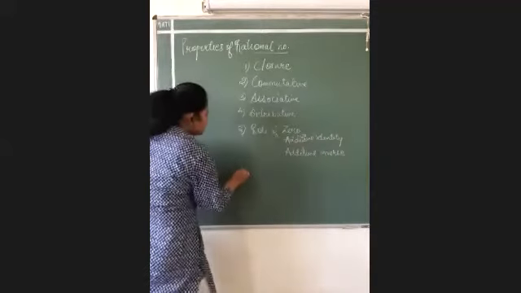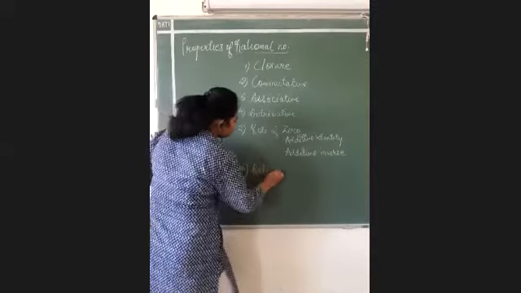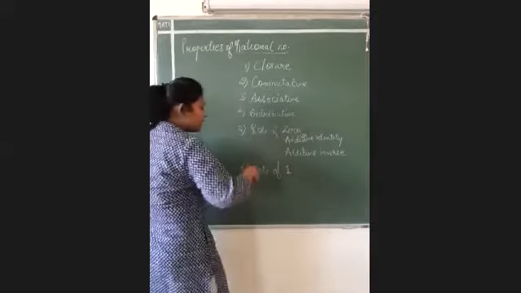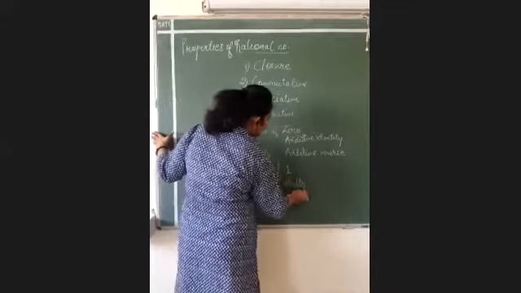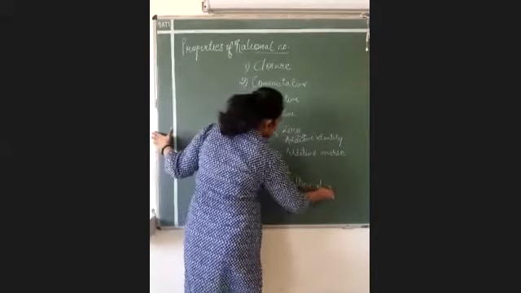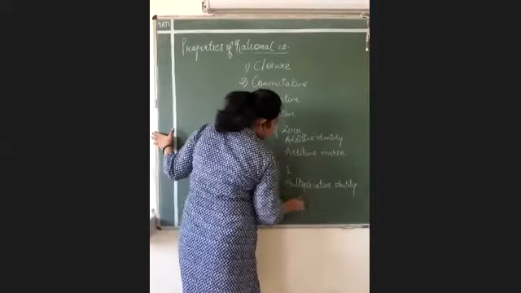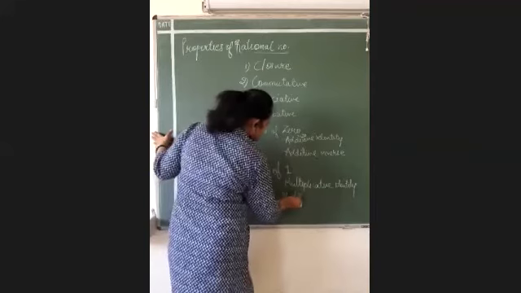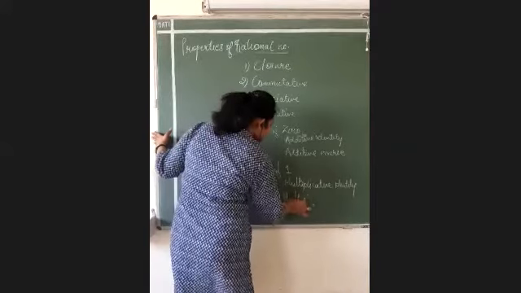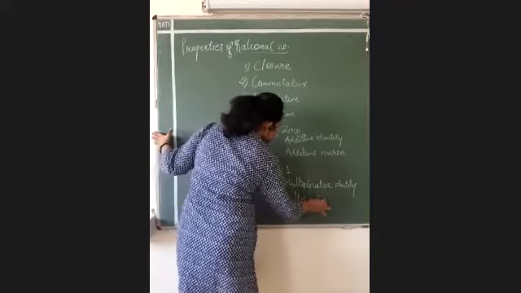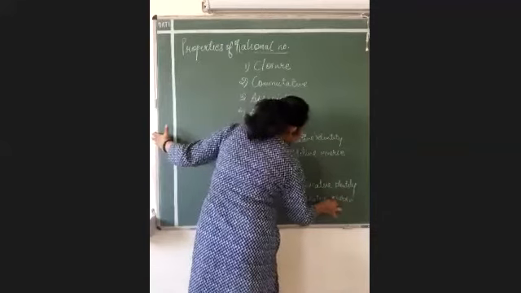The next we study is the role of one, or in that case multiplicative identity and multiplicative inverse. So please mention these one by one.